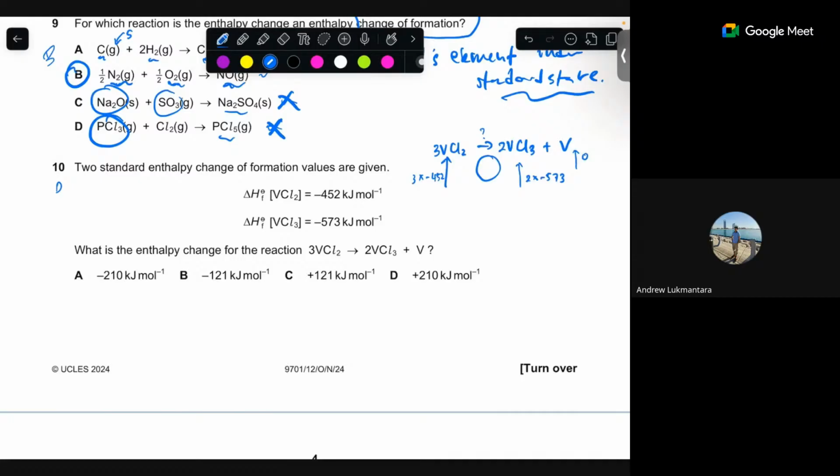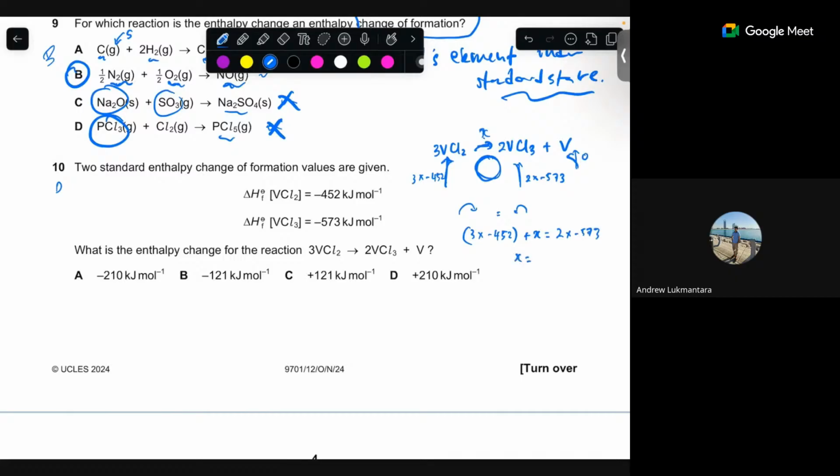So let's put clockwise equals to anti-clockwise. Follow the circle. So here, 3 times negative 452 plus x, I put it as x, equals 2 times negative 573.